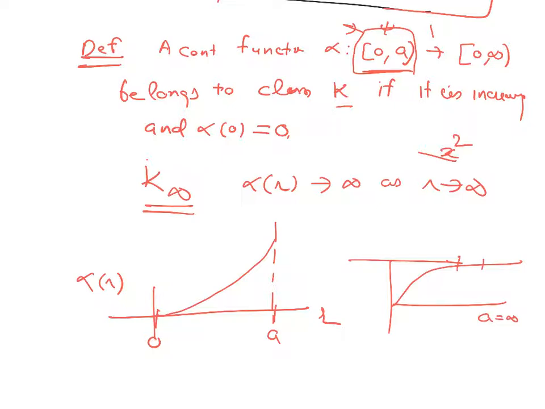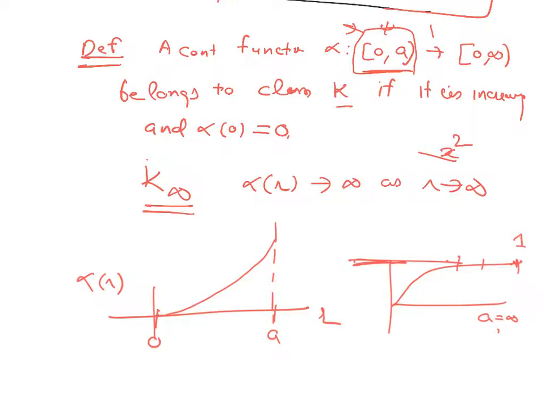This will also qualify as an increasing function, where there's no difference between the previous value and this value, and it will even qualify as a class K function. But this is not class K infinity if it saturates, right? Because if r goes to infinity, it just saturates at 1. Then it is class K, but not class K infinity.